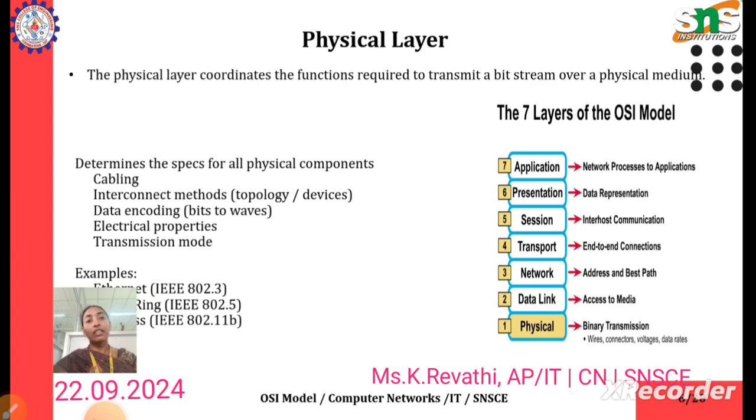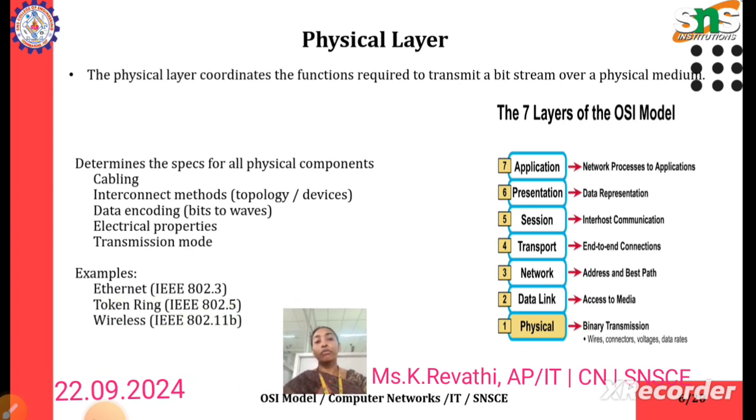The physical layer coordinates the functions required to transmit a bit stream over a physical medium. It determines the specs for all physical components: cabling, interconnect methods, that means topologies, and how the devices are interconnected with each other, and by using which device. Then data encoding, bits to waves, electrical properties, and the transmission mode. The transmission mode has types: simplex, half duplex, and full duplex.